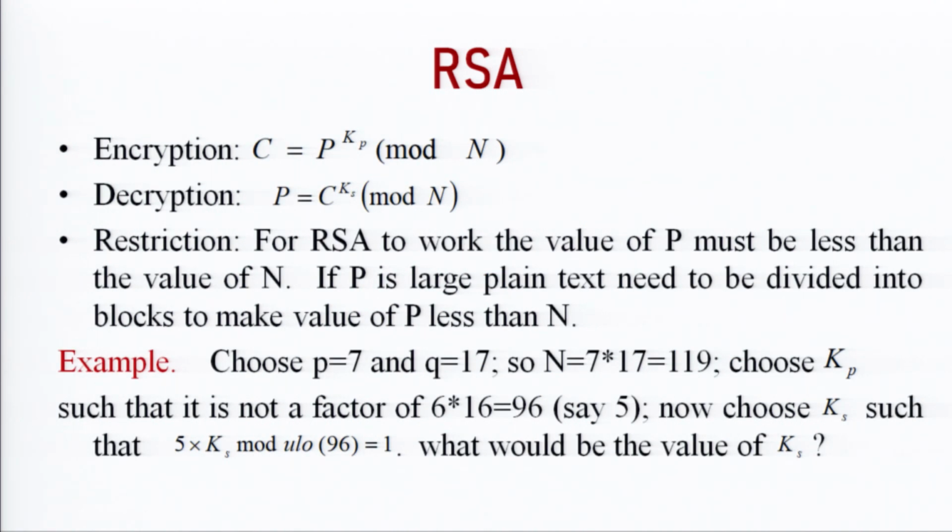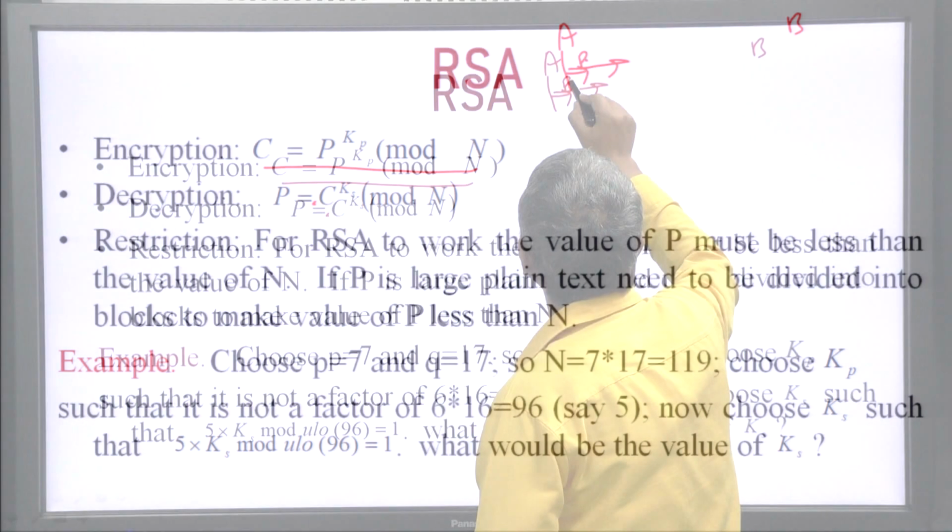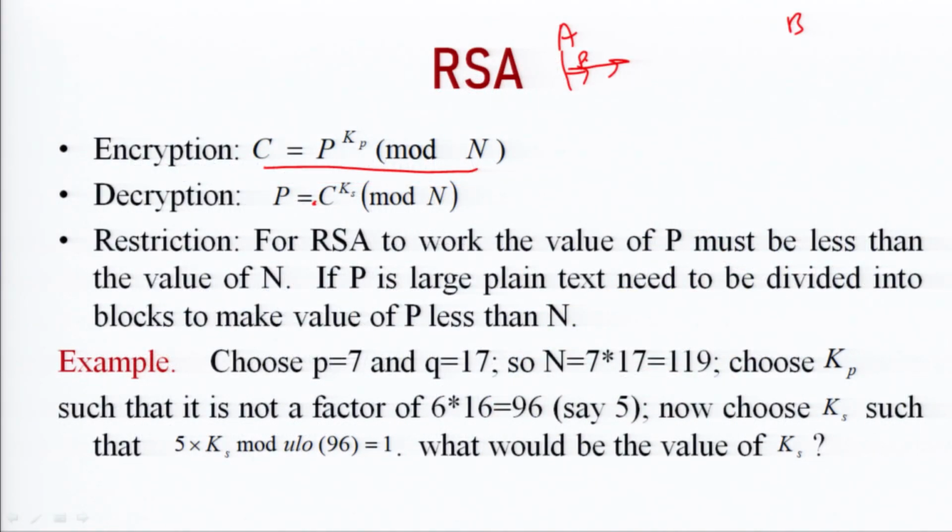Then how will we encrypt it? Encrypt it as C, the ciphertext C. Suppose computer A is sending some messages, and computer B is receiving. Then some message is coming, suppose it is in characters, then we will convert it into bits, the plain text message bits, and then it will be converted into the ciphertext C is equal to P to the power kp modulo n.